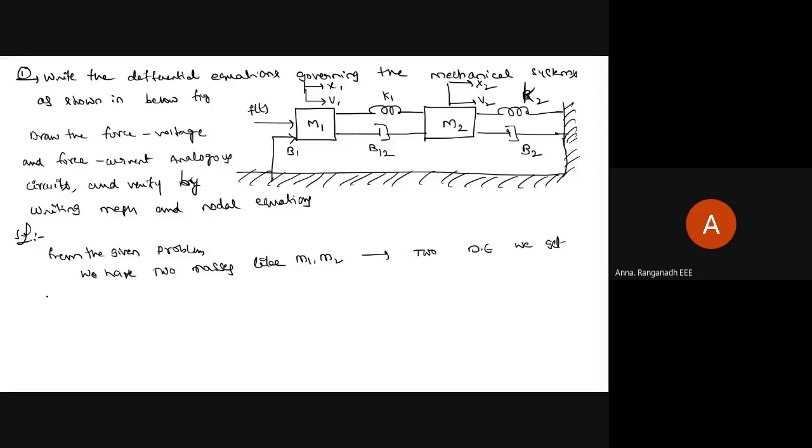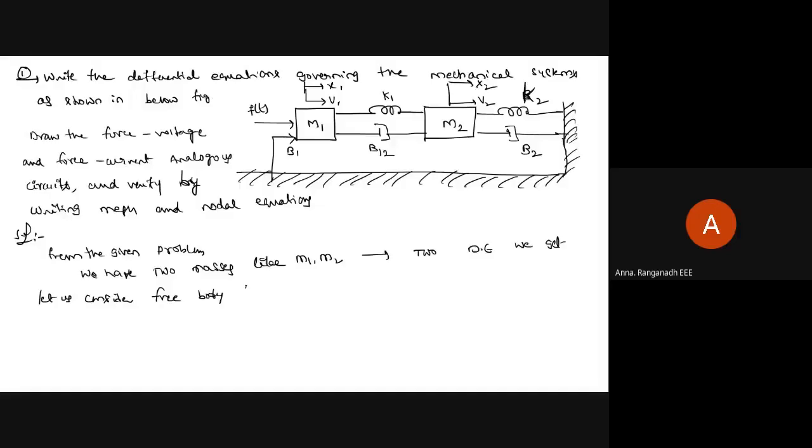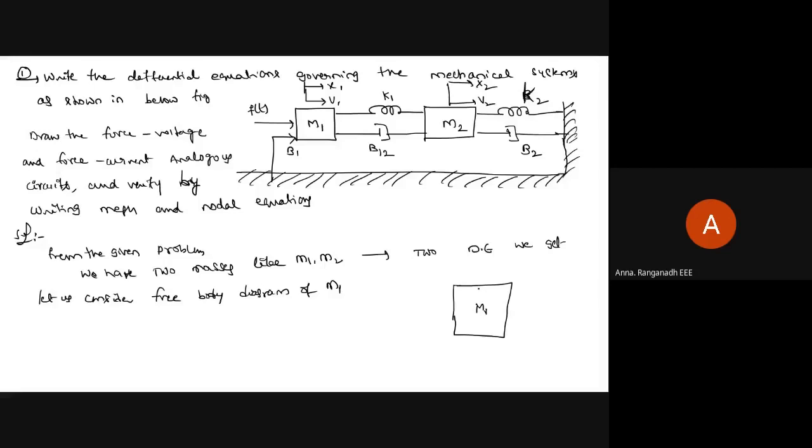So first, let us consider the free body diagram of M1. If we write the free body diagram of M1, can anyone tell me what forces are applied on it, opposing and applied forces?